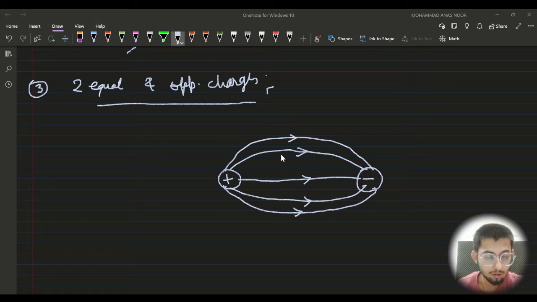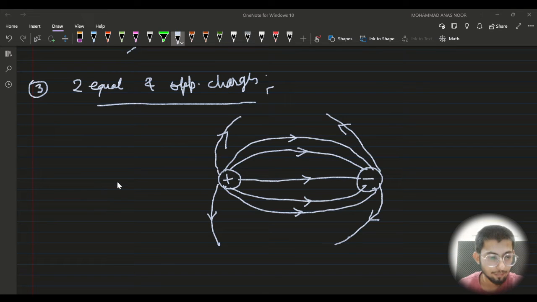So this is the electric field lines due to two unlike charges. One of them is positive, another is negative, right? So this type of field is called cylindrically symmetric.